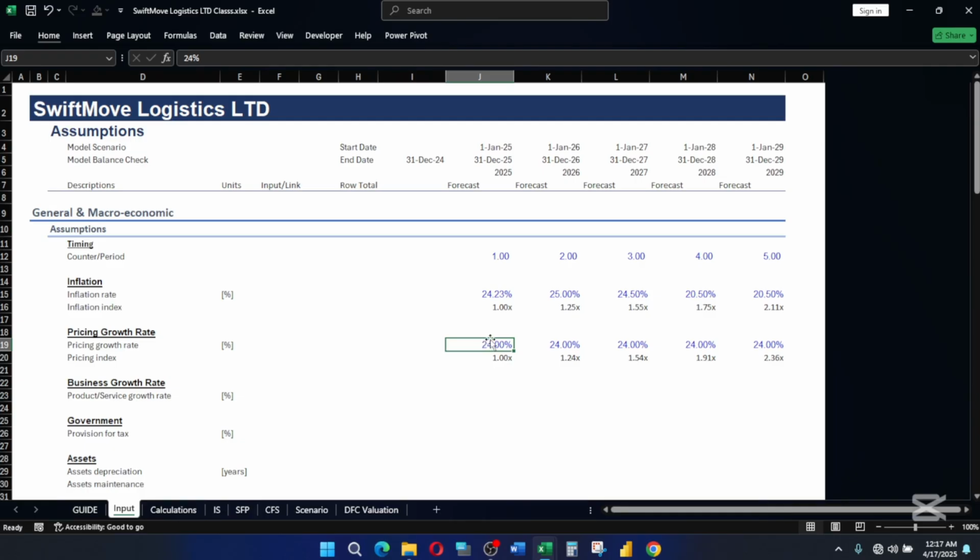Now, the next one we want to look at is the business growth rate. When it comes to the business growth rate, we are looking at the industry as a whole. Remember that the model we are building is a logistics company model, right?